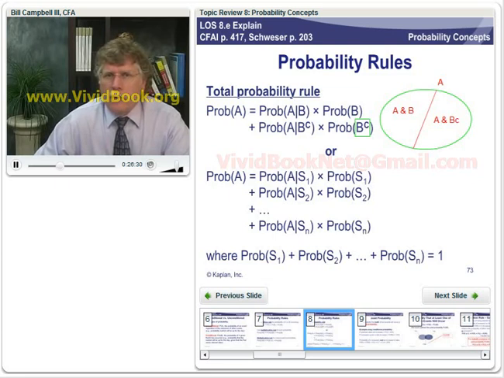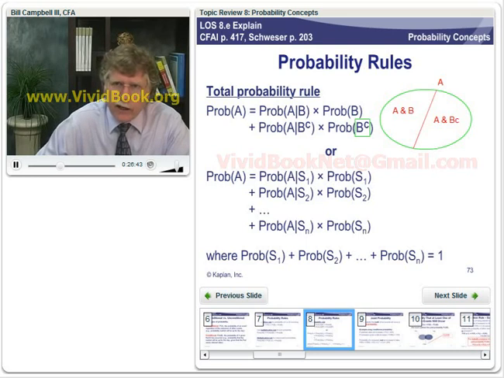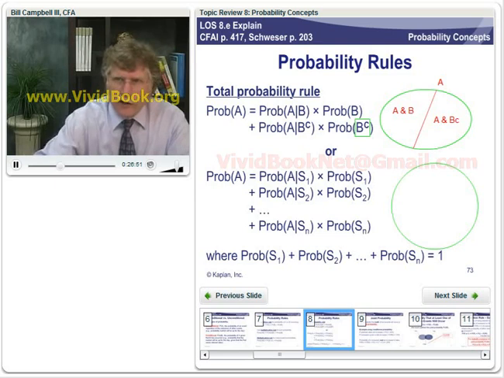Similarly, for the one below, we can chop A up into a whole bunch of little pieces, S1, S2, S3, all the way up to Sn. Let's see if I can draw a picture that'll give you an idea on that. Okay, now we got this sort of circly thing, and that's our A. And now I'm going to chop it up into a bunch of pieces.